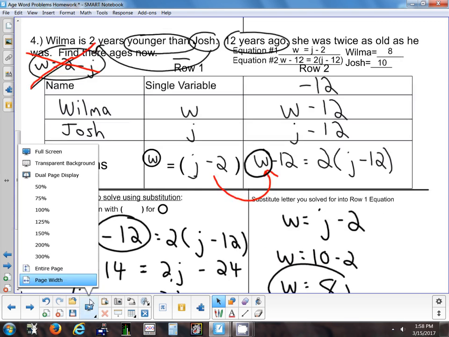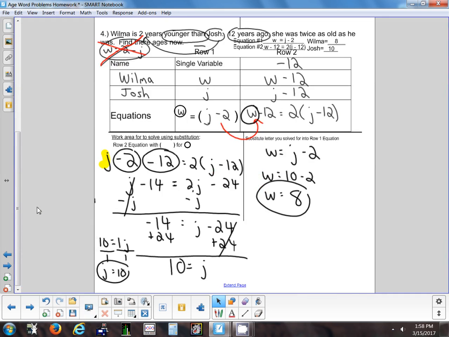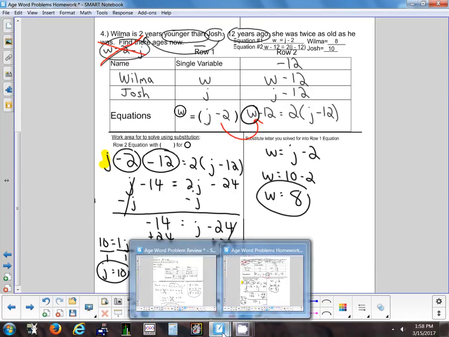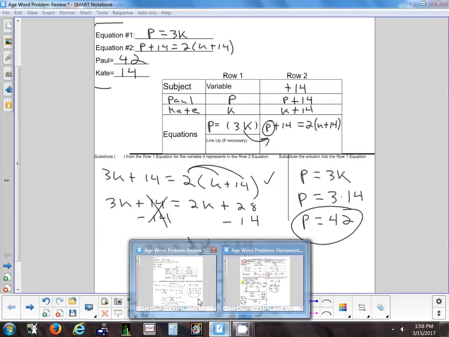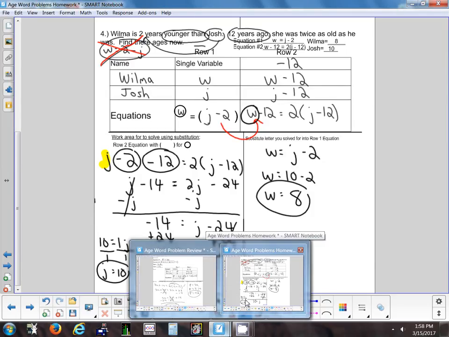All right? That's it. So it seems to me, when I walk around, guys, you can tell me if I'm wrong, but in terms of filling in the boxes, I think everybody's pretty good with that. Is that true, or everybody feels okay with that? Now, what we got to get to today when we practice is, once I get to this part, whatever variable is circled here, I'm plugging in this information for that variable in the other equation.